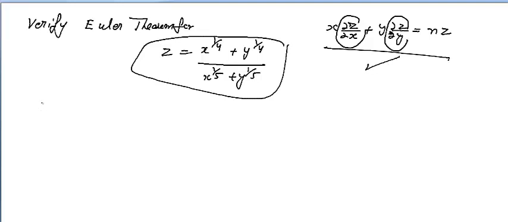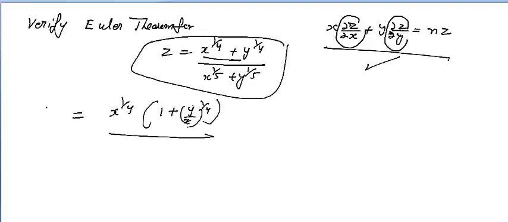So how do we check whether it is homogeneous? I take common x raised to power 1/4 from the numerator, so you get (1 + y/x) raised to power 1/4. And I take common x raised to power 1/5 from the denominator, (1 + y/x) raised to power 1/5.